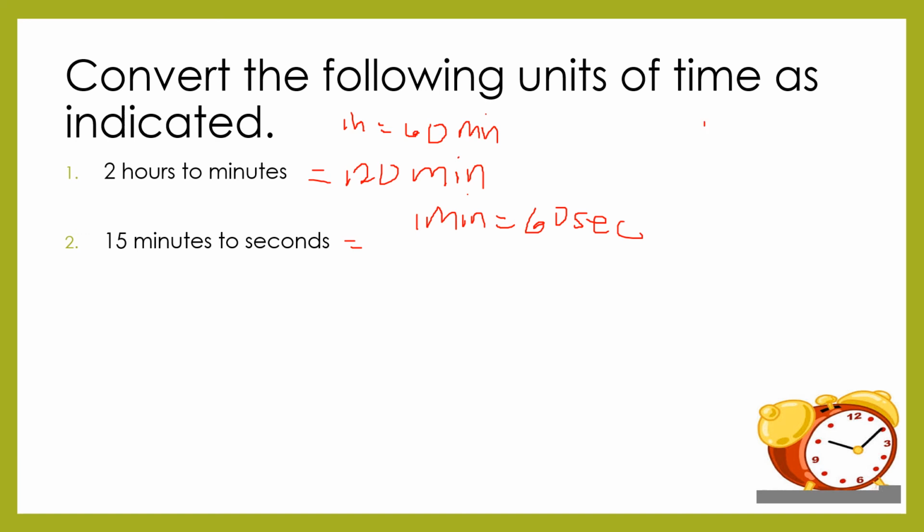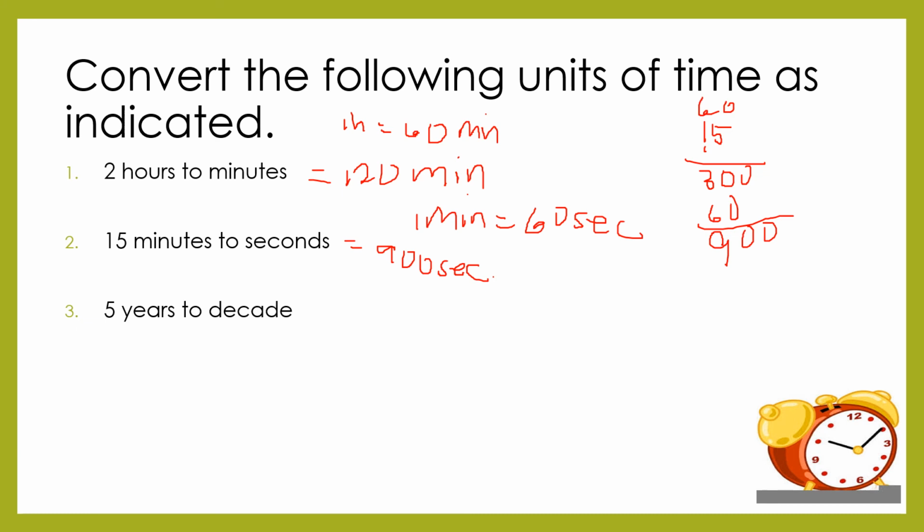So what you have to do is multiply. 5 times 0 is 0. 5 times 6 is 30. 1 times 0 is 0. 1 times 6 is 6. That's about 900. So that's equivalent to 900 seconds. So 15 minutes is equal to 900 seconds.